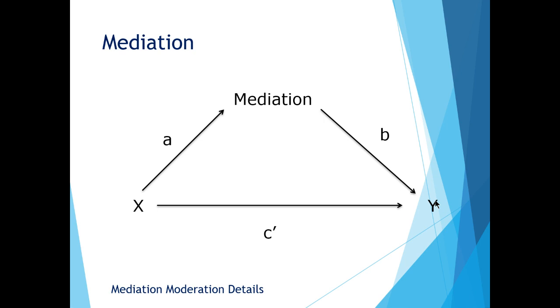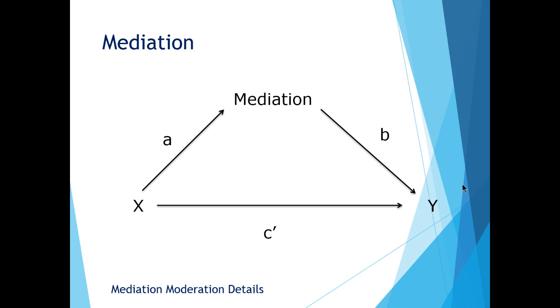So Baron and Kenny listed 4 steps that you should follow when testing mediation. So first, you should show that the causal variable is correlated with the outcome. You should also show that it's correlated with the mediator. And then you should show that the mediator affects the outcome variable. Finally, to make sure that the mediation of the xy relationship comes completely from M, we should make sure that the effect of x on y controlling for M, or c prime, is 0.